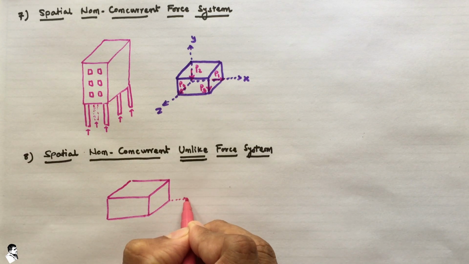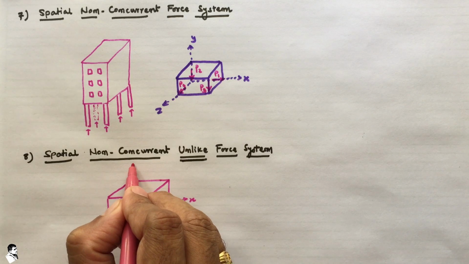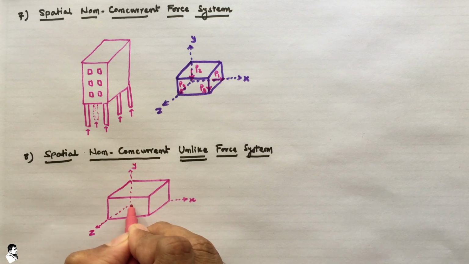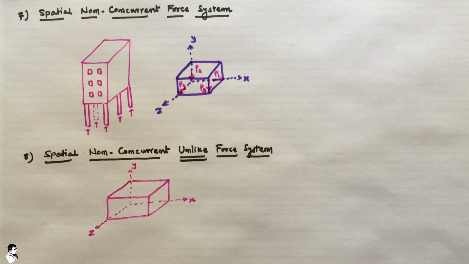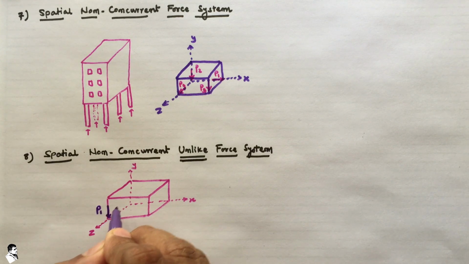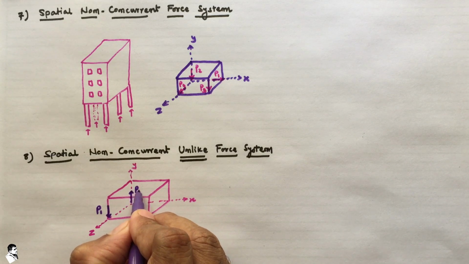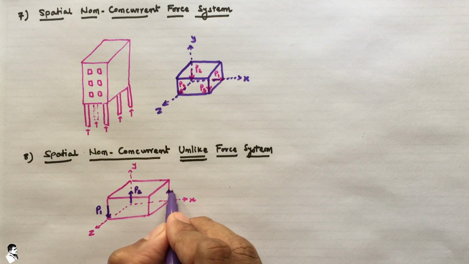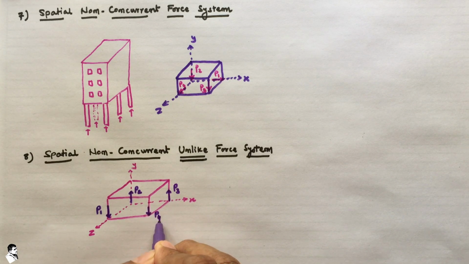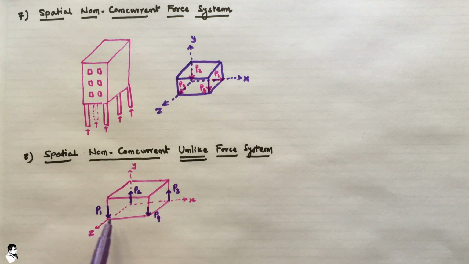So again we have a x, y and a z coordinate system. So spatial forces are there, non-concurrent is there, and unlike. So if you take forces like this, P1, P2, P3 and P4. So if we take the forces, they are acting in a different plane.